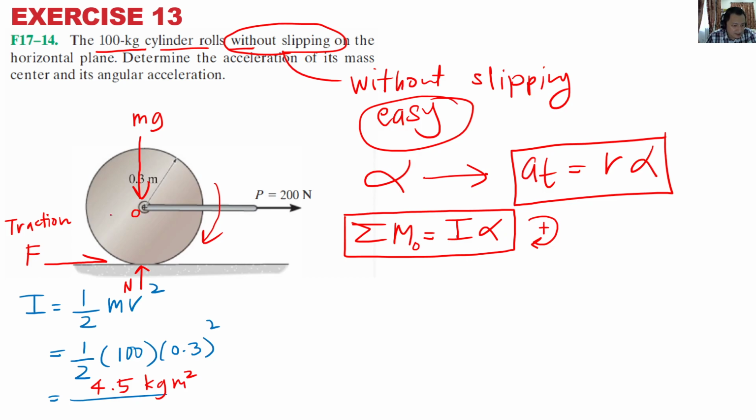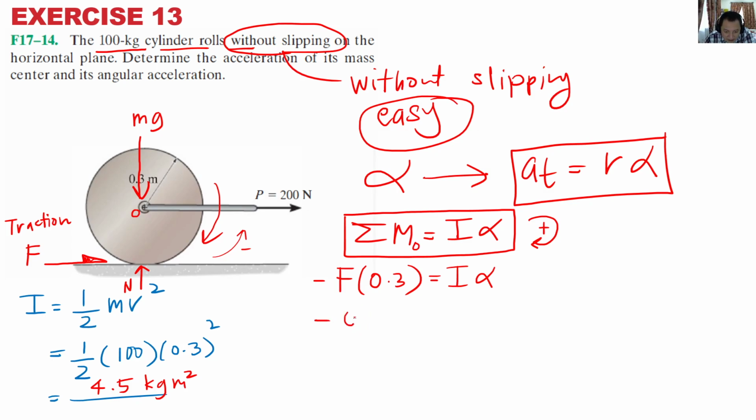F is in this direction, rotating the other way, so it's negative: F times 0.3. Is there anything else at this axis? No, nothing else. So this is equivalent to I alpha, and it is negative because it's rotating this way.